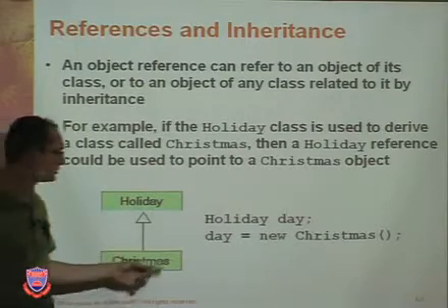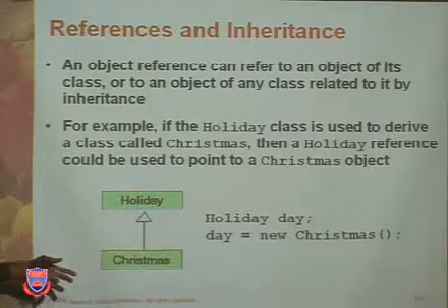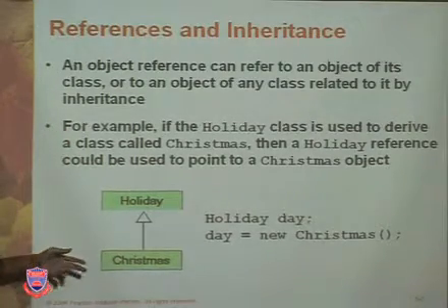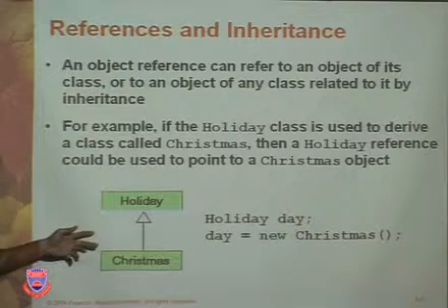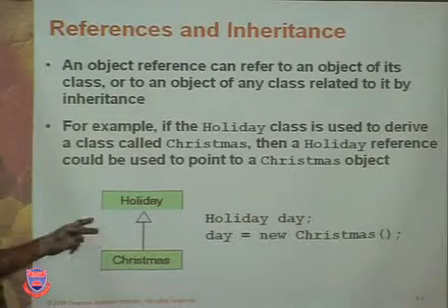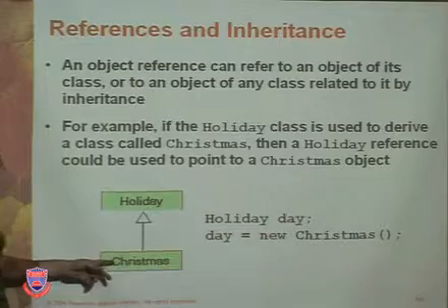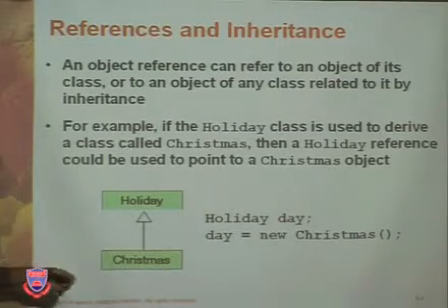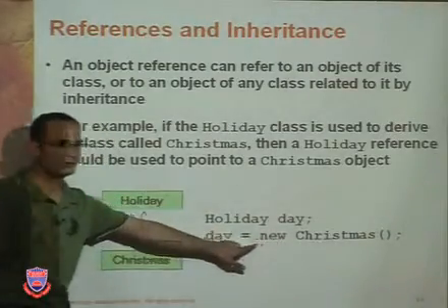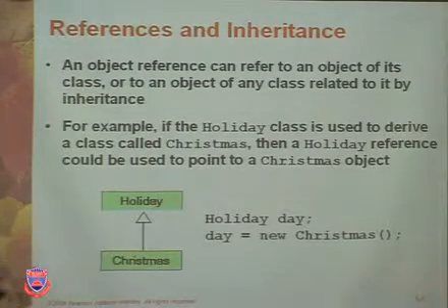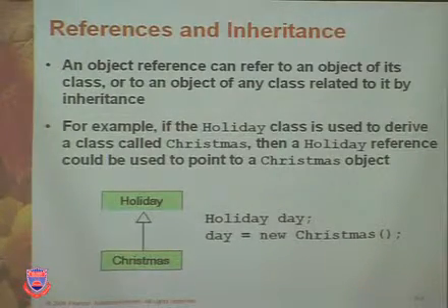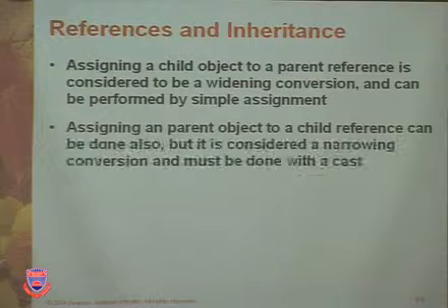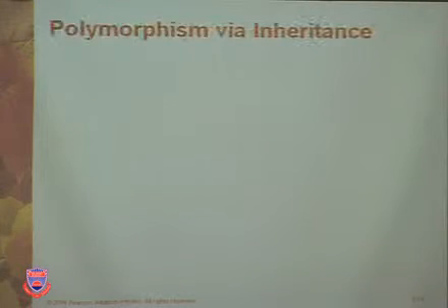So whenever you call the celebrate method, which method is it going to execute? It's going to use the Christmas celebrate method, because you're pointing to a Christmas object, and you have to use the corresponding method for that child in order to execute it correctly.